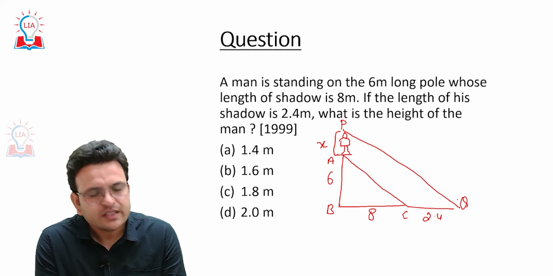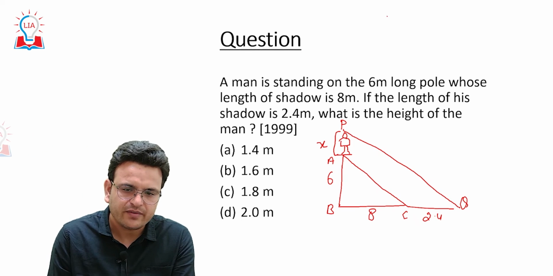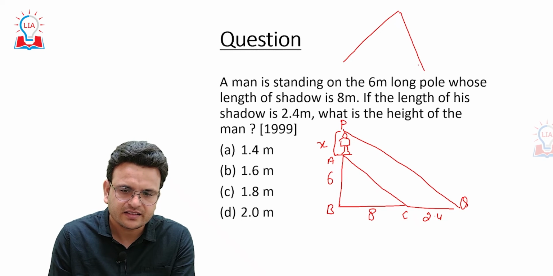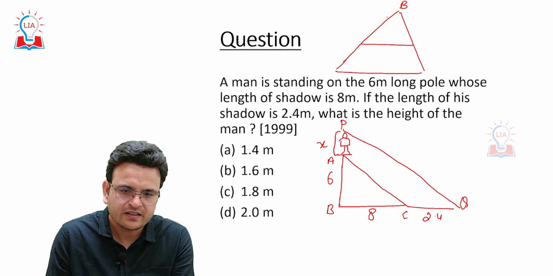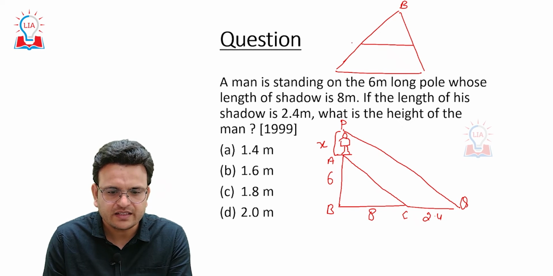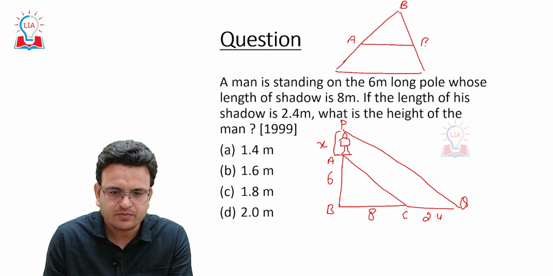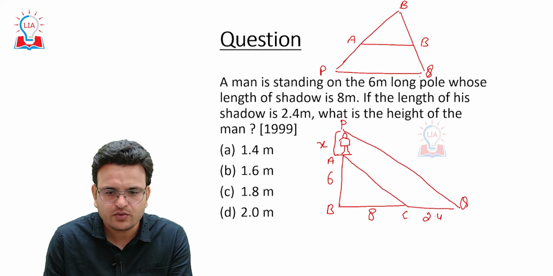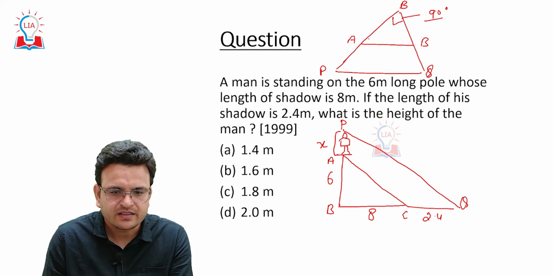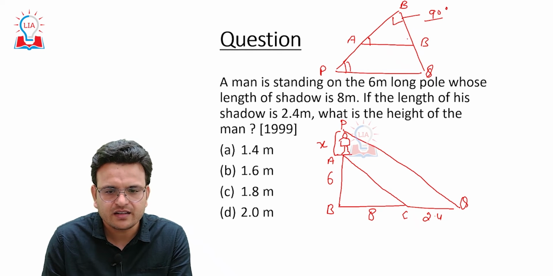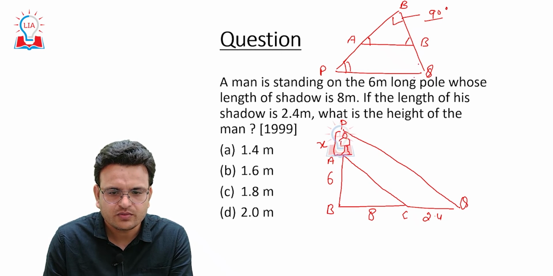In this particular question, if I write this triangle like that, we can see that this is B, this is A, this is C, and this is P and Q, and this angle is 90 degree. This angle equals this angle, this angle equals this angle.